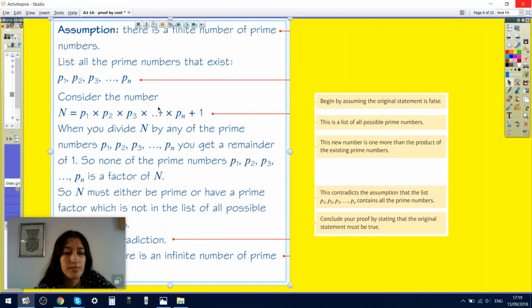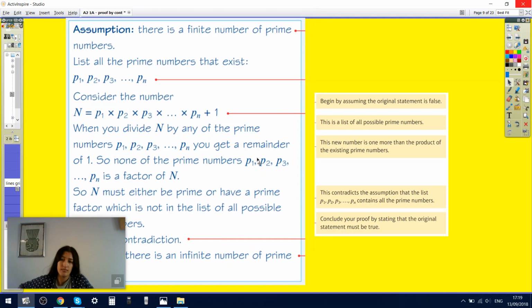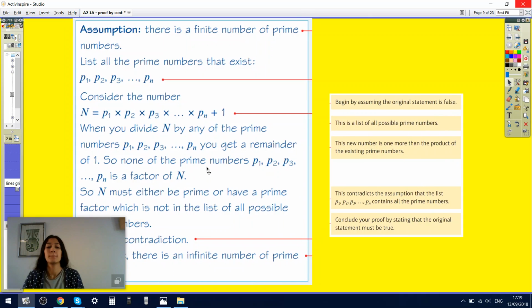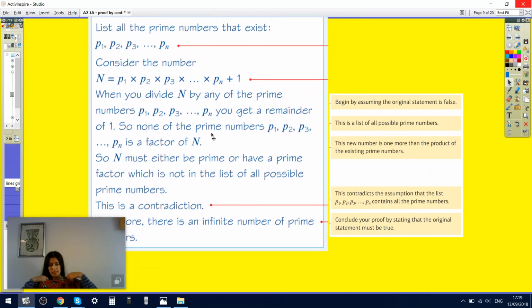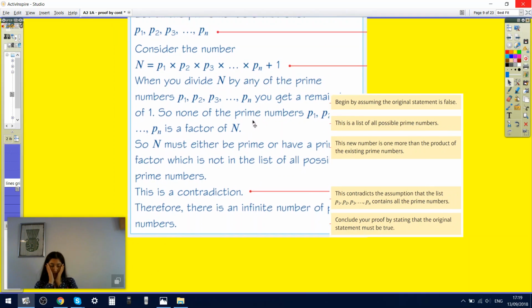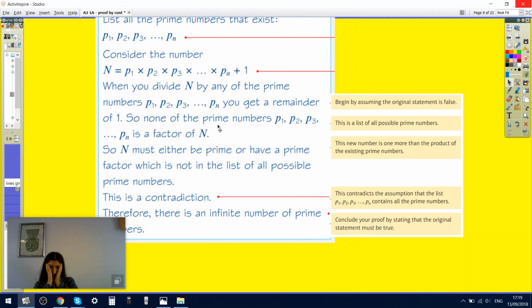Let's see. So consider the number n. When you divide n by any of the prime numbers, you get a remainder of 1. So none of the prime numbers is a factor of n. So n must either be prime or have a prime factor which is not in the list of all possible prime numbers. Yeah, this is a contradiction.